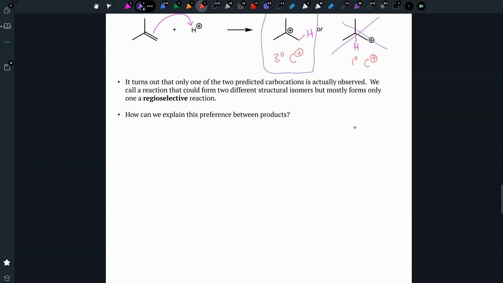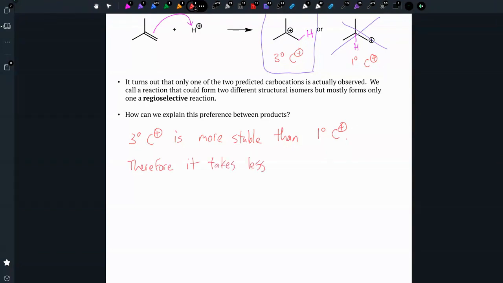The tertiary carbocation is much more stable, and so it takes less energy to form. And it will be formed much faster.